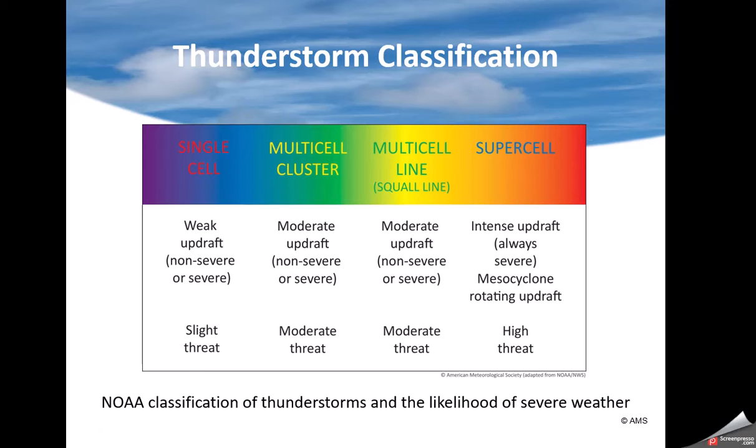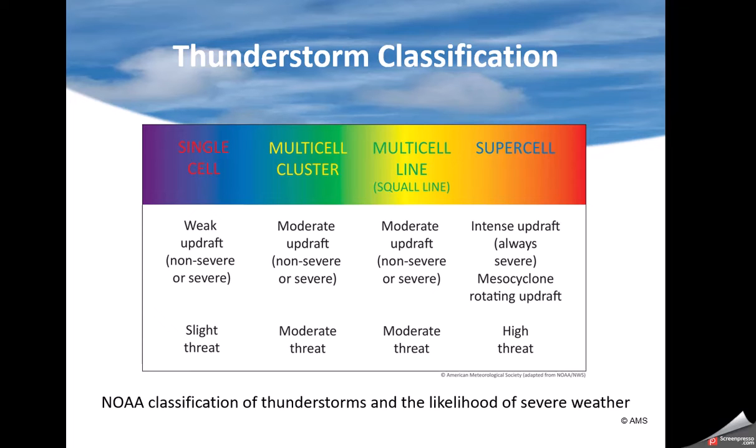So there are different classifications for thunderstorms. We talk about single cell, which is what we just showed you. Then there's multi-cell clusters. They work together, literally in combination, to keep a series of thunderstorms going. That I showed you down in the Gulf of Mexico and along the coast with Alabama and Mississippi.